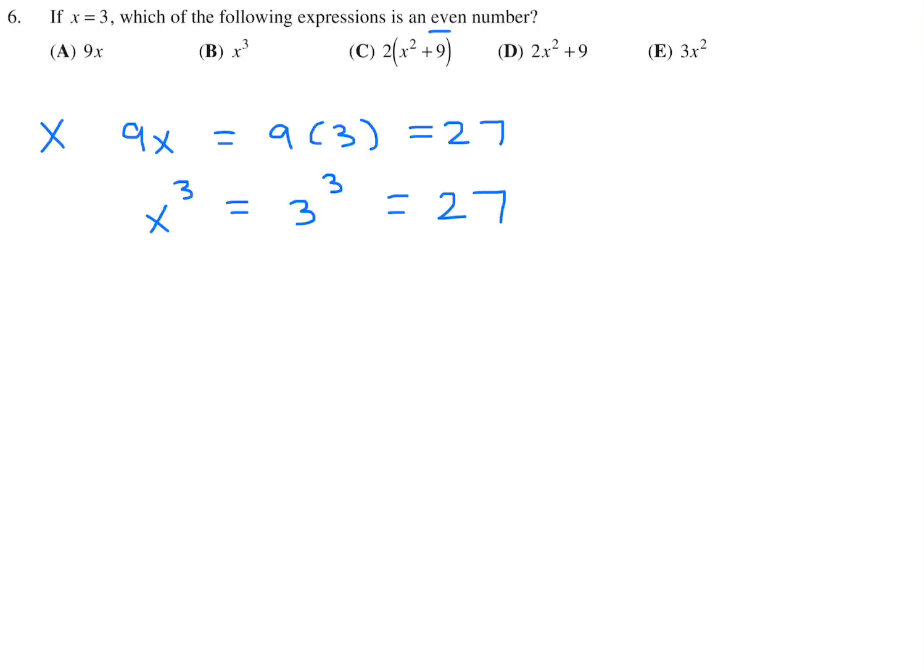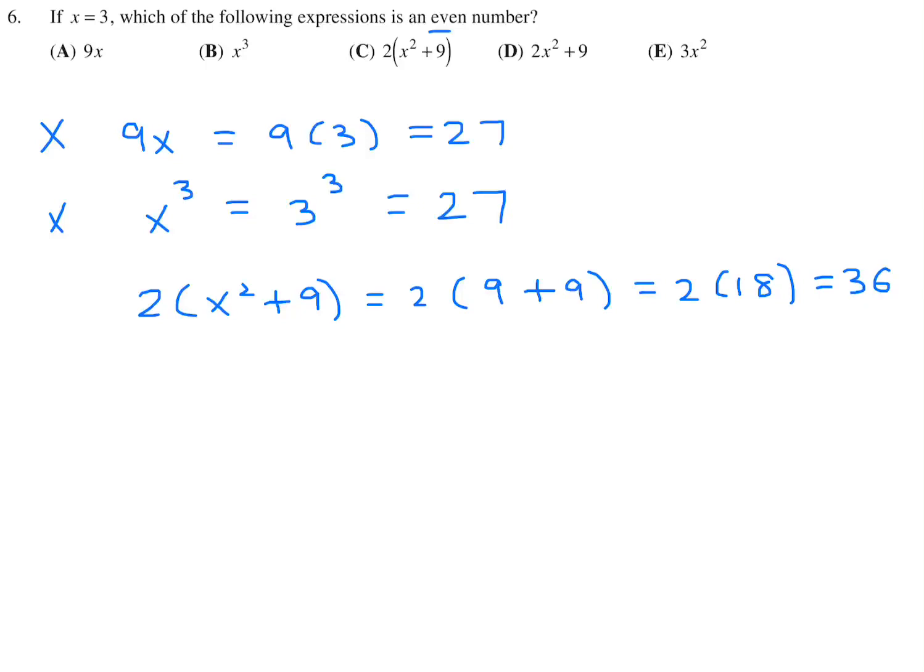So therefore that's also not an even number. How about the next one? 2x squared plus 9. 2x squared is 3 squared, which is 9, plus 9, and therefore we have 2 times 18, which is 36. And is that an even number? The answer is yes. So that's choice C, is the even number.